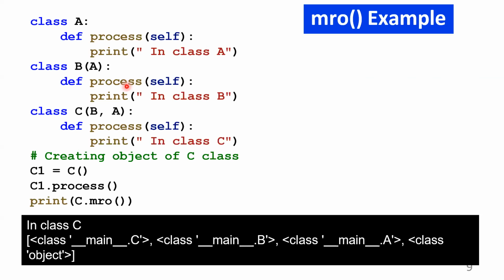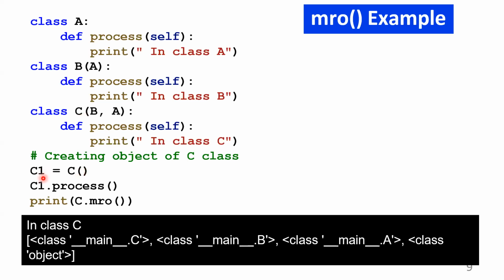Here also we are printing in class B. Next we have another class, class C, which is inherited from both B and A. The order of inheritance is B followed by A. Here also we are overriding the method process with a different implementation, so we are printing in class C.